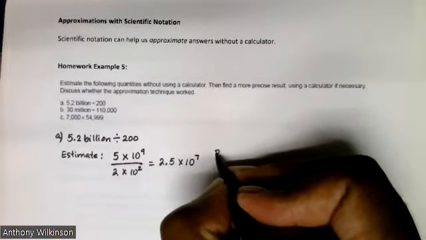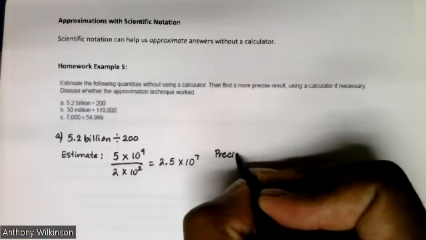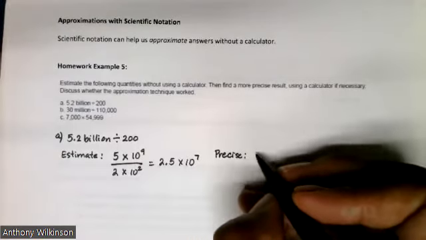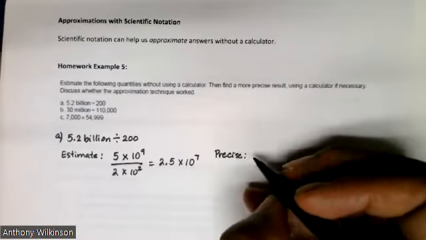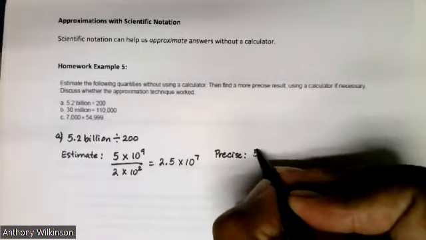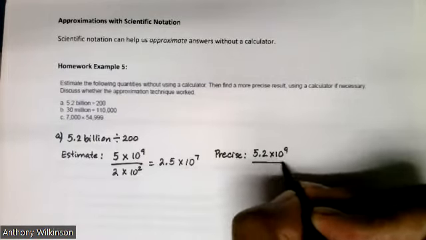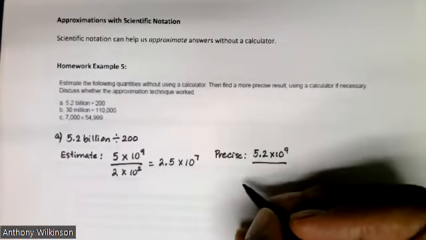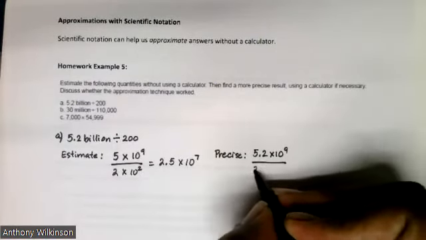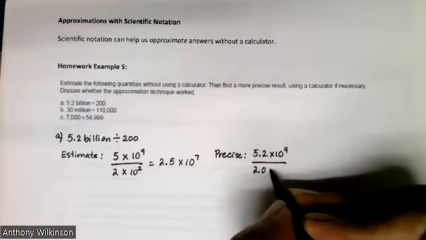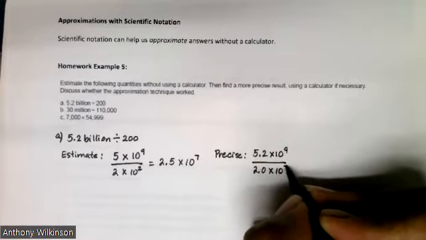Now for the precise result, here they want a precise result. So here we're going to use that 5.2 billion and write that as 5.2 times 10 to the 9th, as 10 to the 9th represents 1 billion. 200, of course, I can write as 2.0 times 10 to the 2nd.